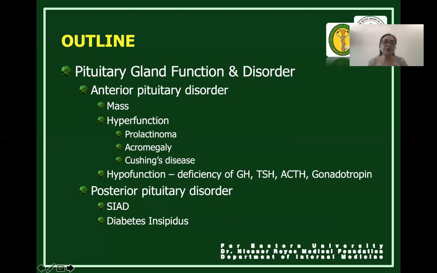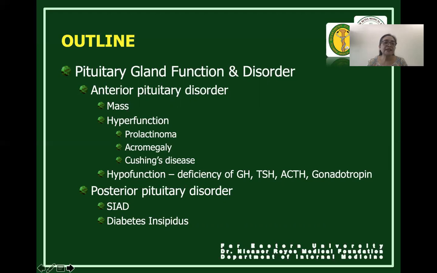First part would be the anterior pituitary disorders, talking about mass of the pituitary, hyperfunction. We will focus mainly on the common ones, which are Prolactinoma, Acromegaly, and Cushing's disease.